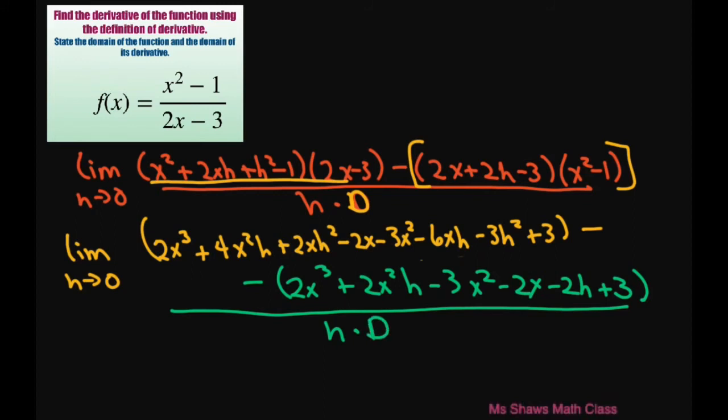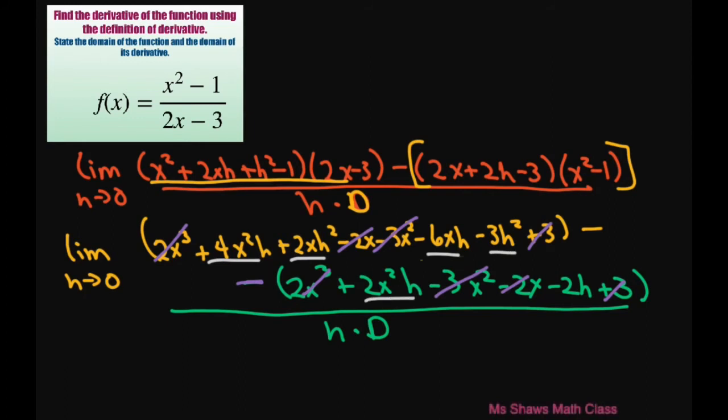Now, let's cancel things out. These two will cancel out. These two will cancel out because remember it's minus, so minus a negative, that's going to make it a positive. These two will cancel out. Anything else? The 3's will cancel out. And now let's see what we have. Let's finish up. We're just going to have left things with h in them.